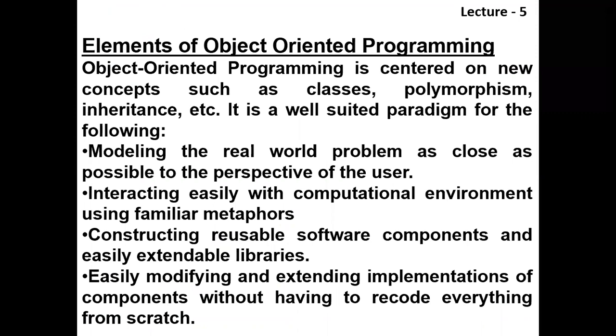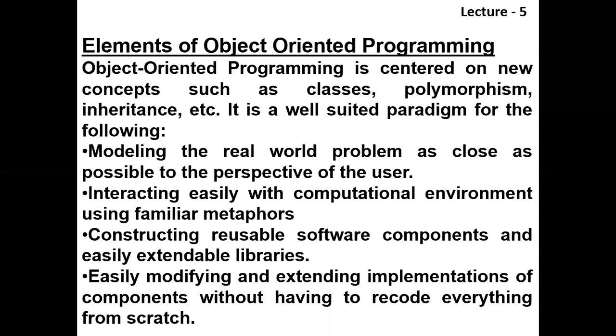Previously we have seen the object-oriented concept. Now today we will see the elements of object-oriented programming. Object-oriented programming is a new concept which uses classes, polymorphism, inheritance, and all new types of paradigms, made up of class, object, polymorphism, inheritance, and encapsulation.